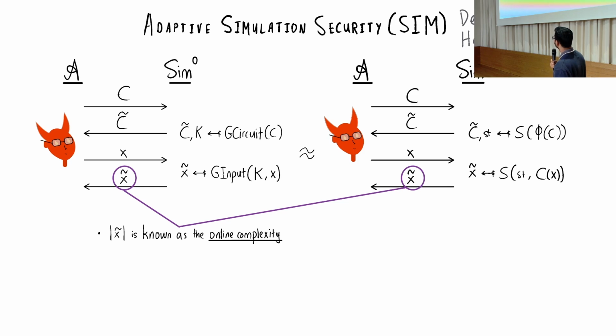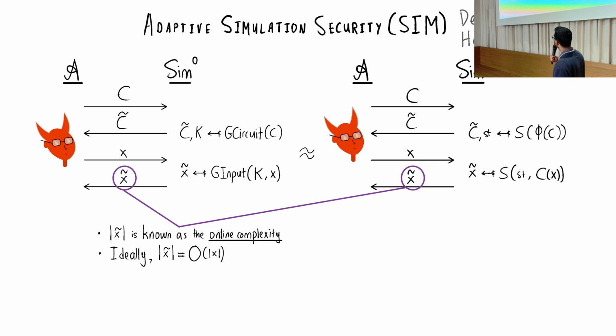All right, crucially, we call the size of X tilde the online complexity. And we want X tilde to be small, that is, that it only grows with the size of the plain input.